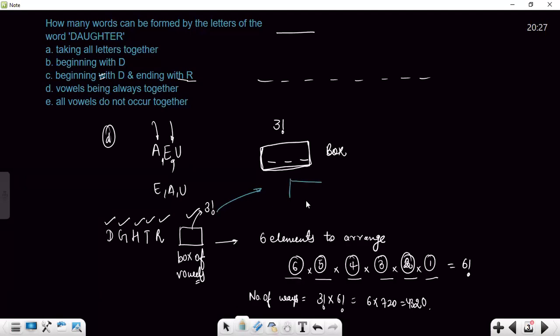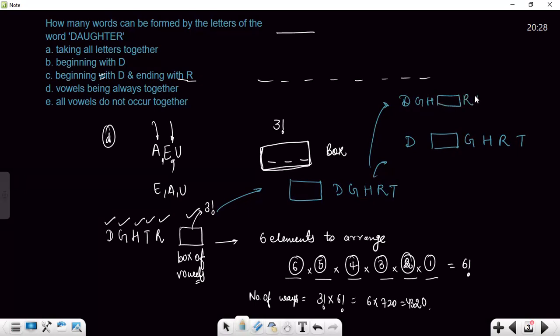It may happen that the box comes first and then there are some consonants in any order, or it may happen that there is a consonant, then the box of vowels, then other consonants. It may also happen that the box of vowels is in the second last or third last place.